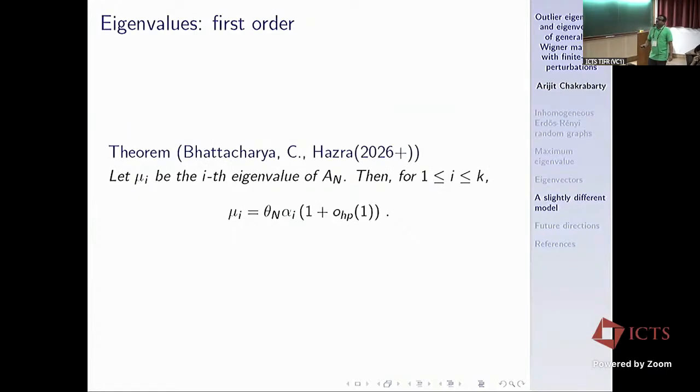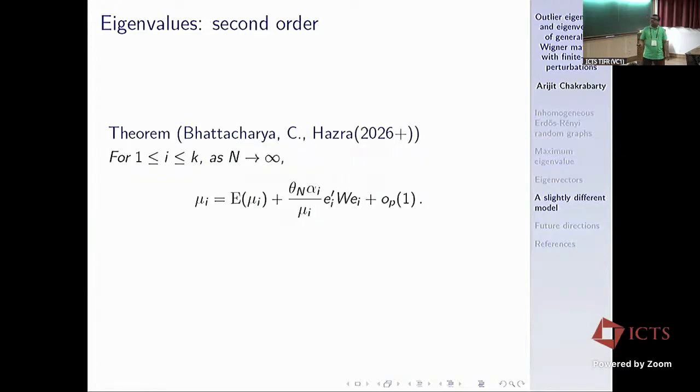As before, mu_i is the ith eigenvalue of A_n. Then the first order condition is exactly the same, that is, mu_i is of the order of theta_n: mu_i divided by theta_n goes to alpha_i with high probability. And the second result is also similar: mu_i centered by its expectation is of this order.